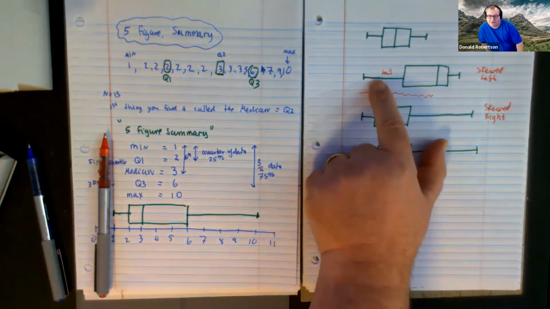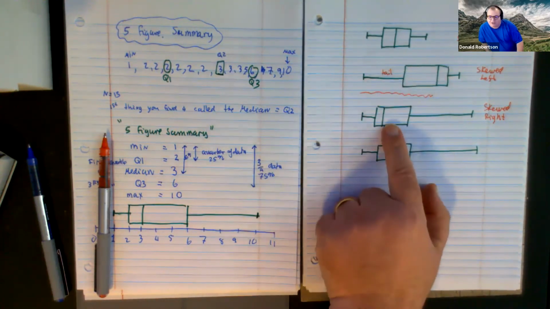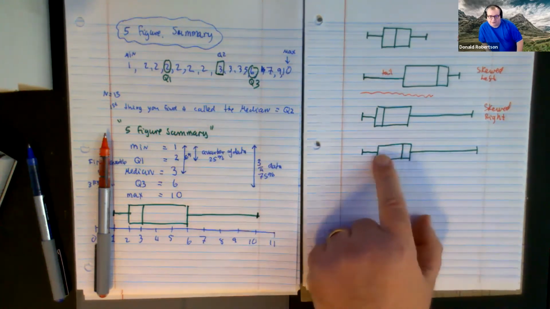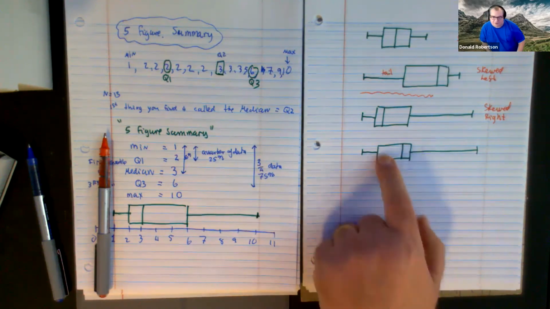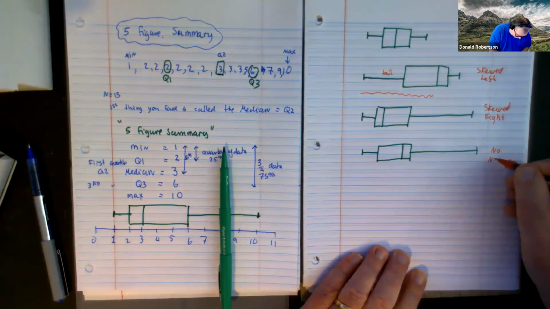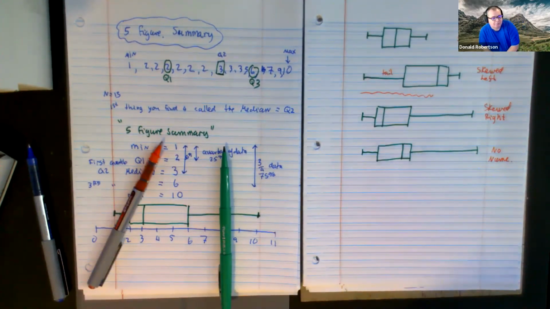That's skewed left, big tail, big box. Skewed right, big tail, big box. Oh, big tail, totally different end, big box. You see they're contradicting each other? I'll just call it no name because it doesn't have a name that I can tell you.